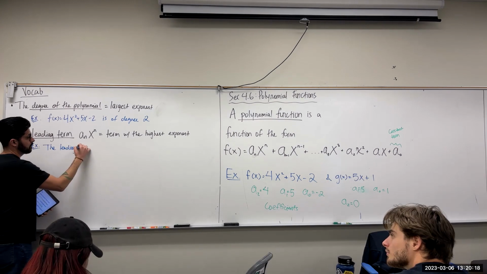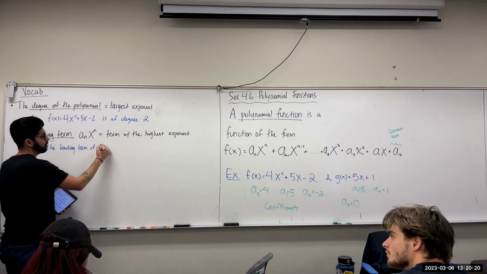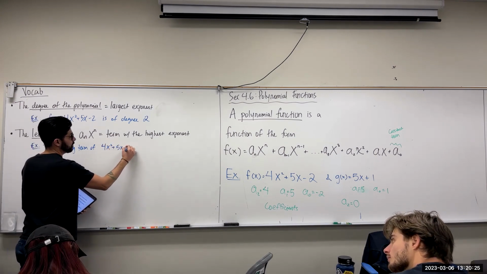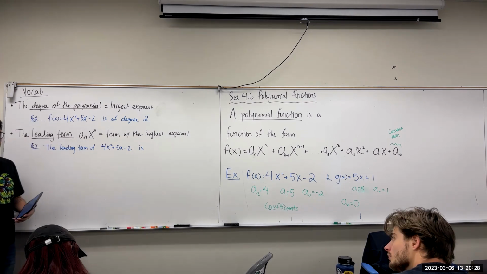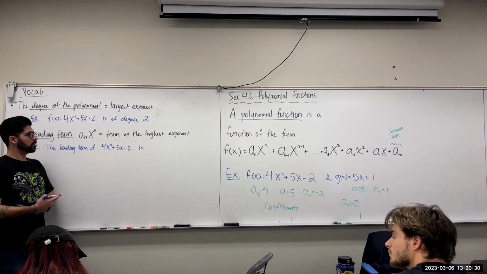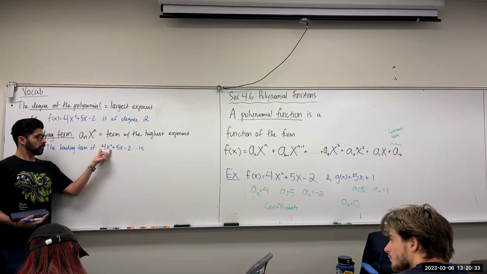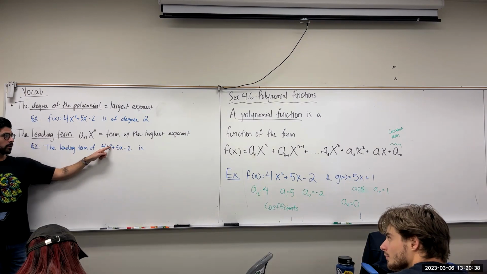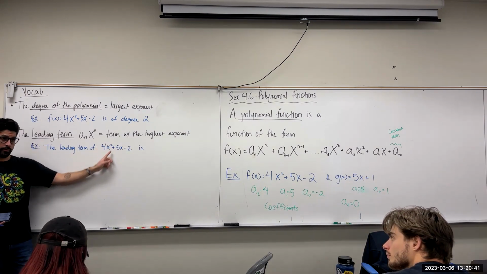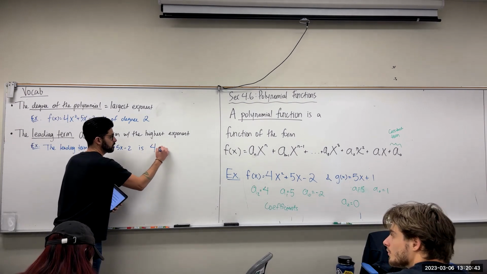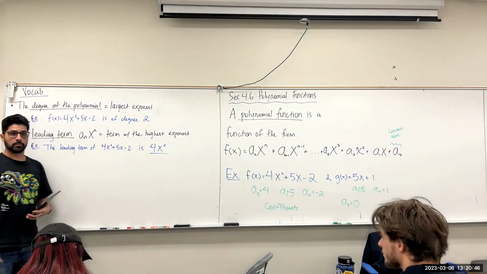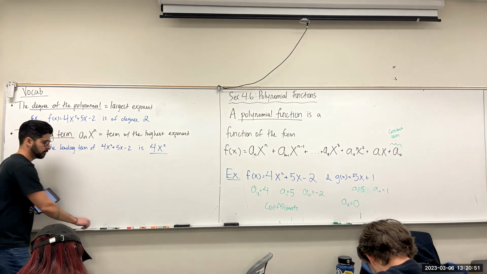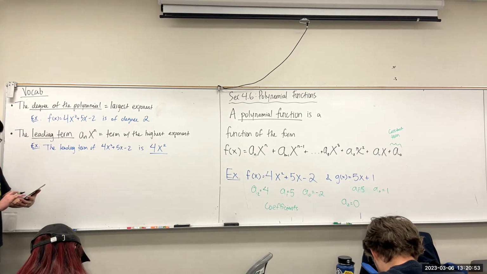The leading term of 4x squared plus 5x minus 2 is... what's the leading term? The whole thing. So you start by looking at which one has the highest power of x, this one, and then you include x with its coefficient. So it's all of this. That's the leading term. That's going to be useful today. That leading term has a lot of power.